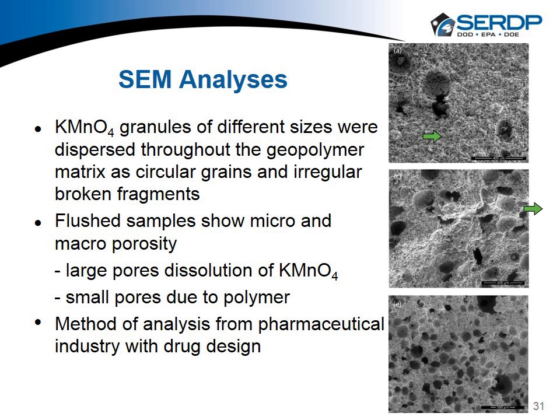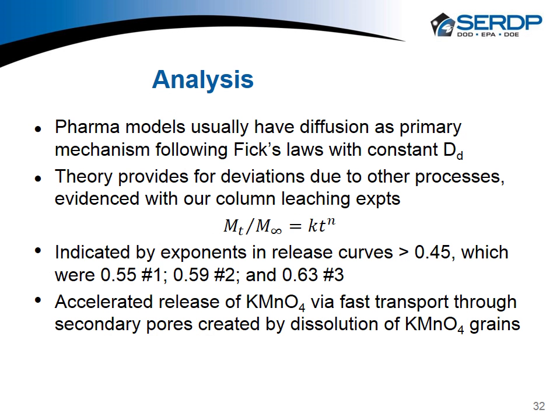So we used a method of analysis from the pharmaceutical industry, which has been used for many years. Pharmaceutical models usually have diffusion as the primary mechanism following fixed laws with constant diffusion coefficient.